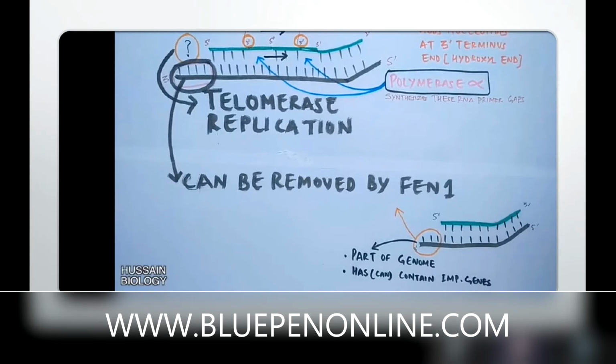The question mark part, the last primer gap, is cleared by telomerase replication. That part can be removed by FEN1, but it is a part of the genome that contains important genes. Next slide.